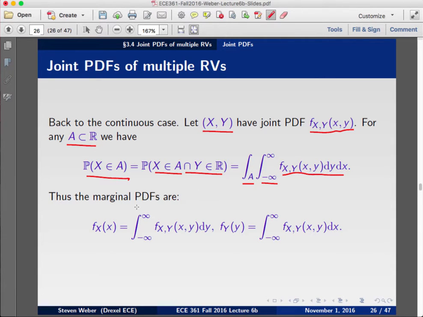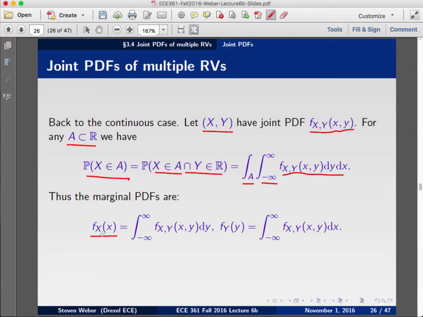So now, if I take the case where A is equal to some particular point, little x, it can be shown that I'm going to obtain the marginal PDF for the random variable X at little x. We're not going to prove that, but it's easy to see if you understand the argument of probability per unit length given before.